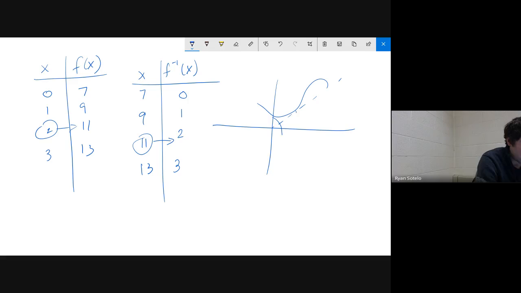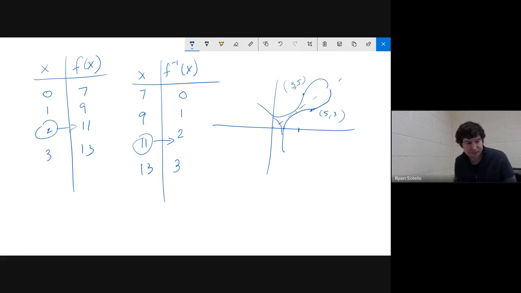All these points would get swapped to here, something kind of like that. It's always going to be the mirror image across that line. And you just find the point, like maybe this is like 3, 5. Then you would go to 5, 3 to find its analogous point.